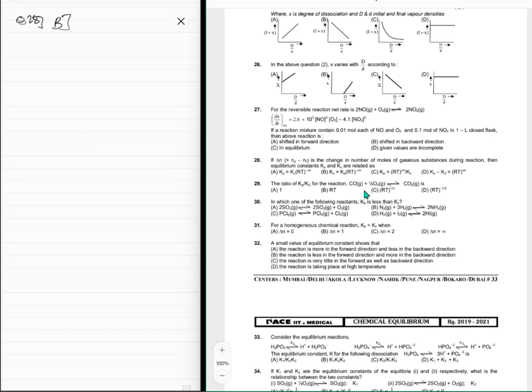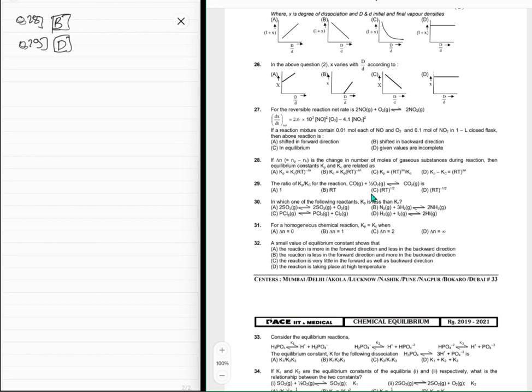D is absolutely, this doesn't make any sense. It's different units, and I know I said it's unitless, but you understand that, right? It makes no sense. The ratio of Kp upon Kc for this reaction is, so 1 cancels away, just negative half is delta N gaseous. So R to the power of negative 1 upon, this is D, question 29D. Okay, cool.